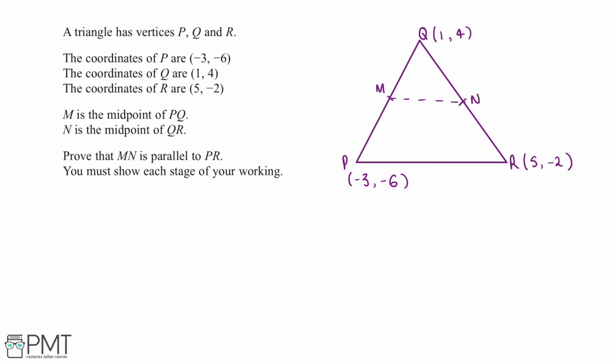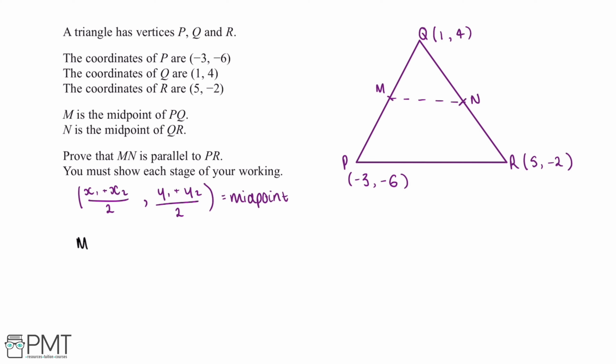Now one way to do this is to prove that their gradients are the same. So in order to do this, we'll need to work out what the coordinates of M and N are. So the sum of the two x terms divided by 2 and then the sum of the y terms divided by 2 gives us the midpoint of a line.